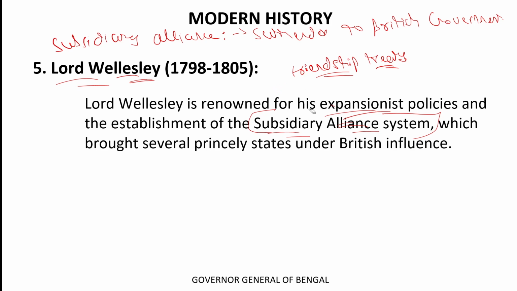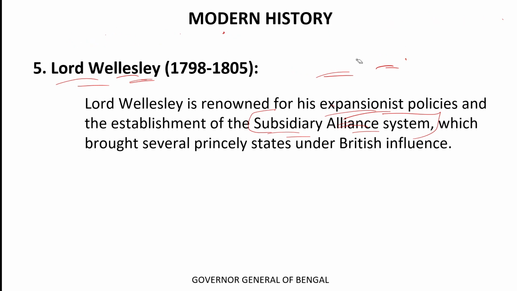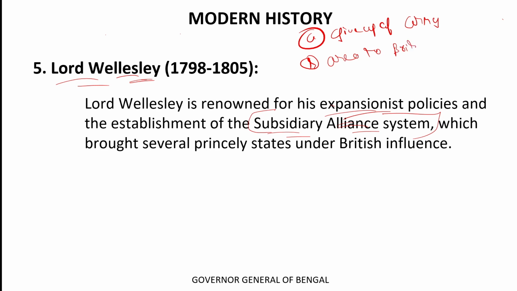So what are the norms and the conditions of the subsidiary alliance? Let's discuss them. There are various norms in the subsidiary alliance. First was give up of army. Second was area to the British in lieu of maintaining forces.